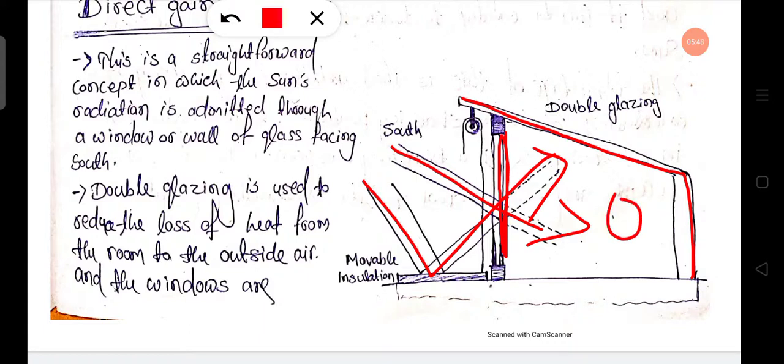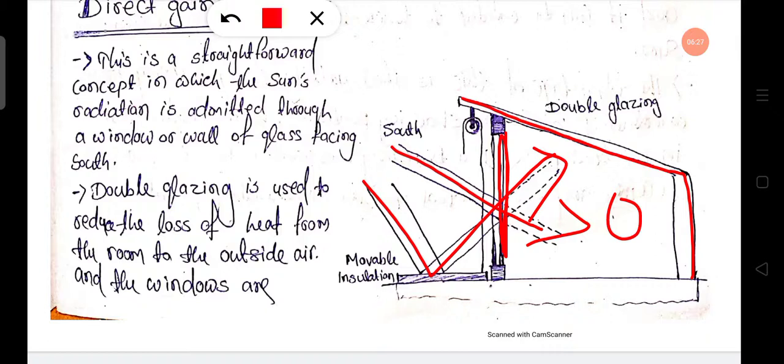That window should face the south direction, because from the south we get a large amount and a long duration of solar radiation. So for efficient use of that solar radiation, we should use a south-facing door or window covered with a transparent layer like glass or fiber.